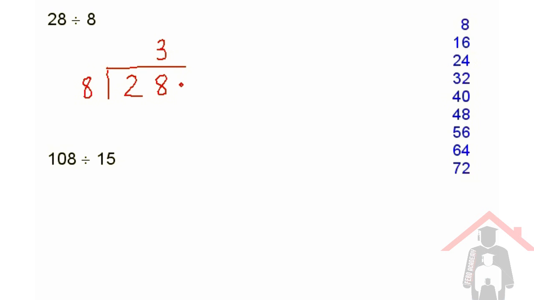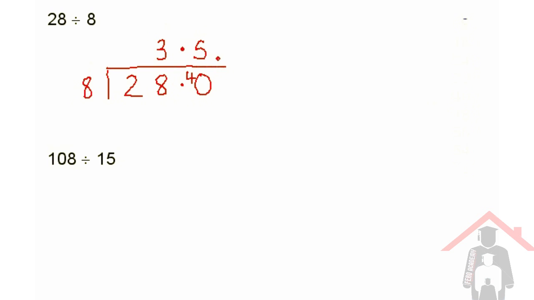I need to put 0.0 on this number. When I put the decimal point here, I also need to put one here. I can now put my remainder of 4 here. 8 into 40 goes exactly 5 times. So my answer is 3.5.